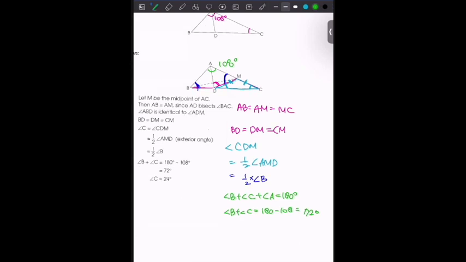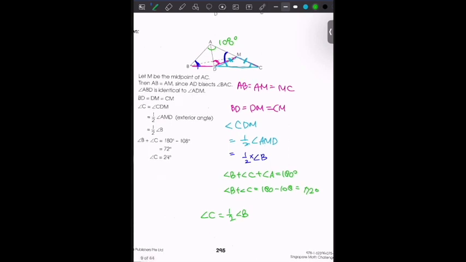Since angle B plus angle C is 72 degrees, and angle C is 1/2 of angle B, that's going to be 1/2 of angle B plus angle B, which is 3/2 times angle B. Basically, 3/2 times angle B is going to equal 72.